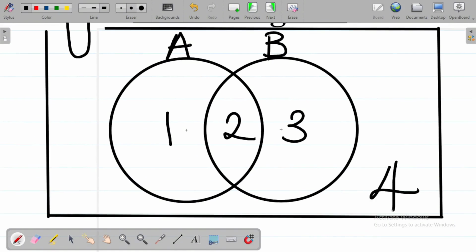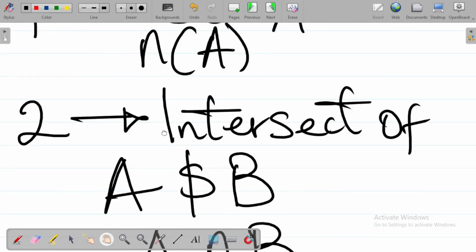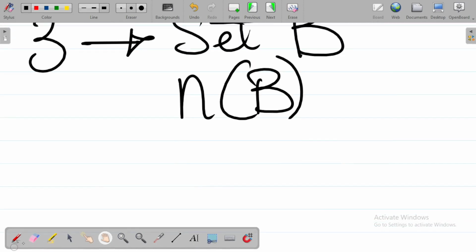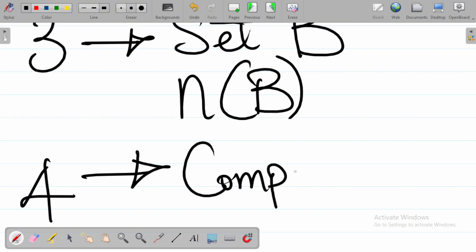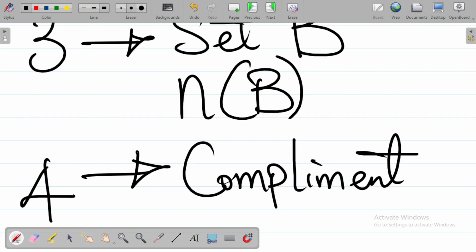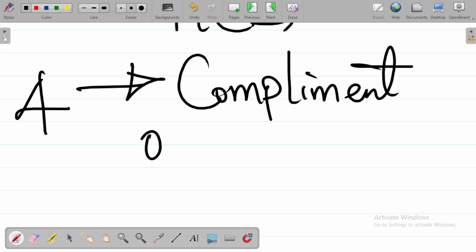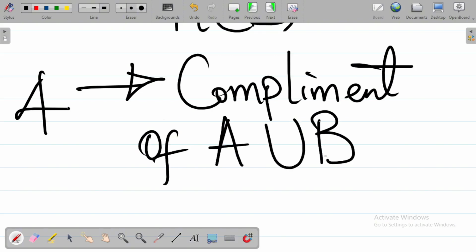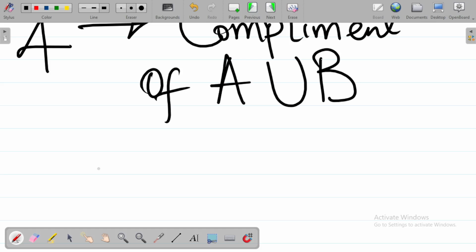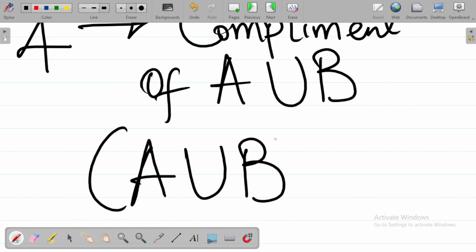So let's call this 4. So what is 4? 4 is the complement of set A union B. It is written as this: A union B, all raised to power 1.